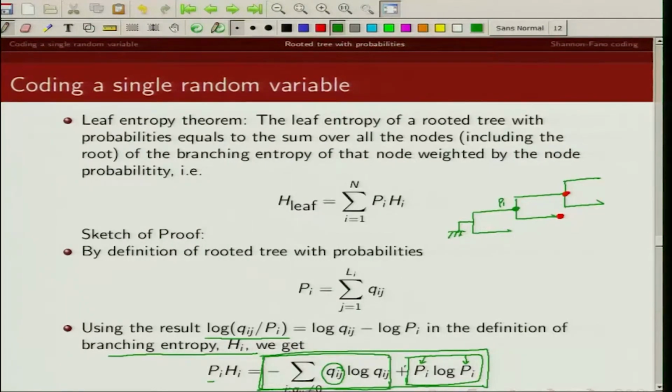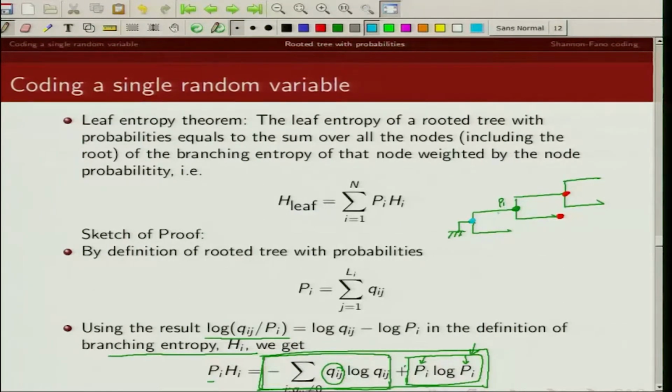Because if you consider a non-root node, let's say you consider this node, this is a non-root node, right? So if I do this summation Pi Hi at this particular node, the contribution of this Pi would be this positive here. However, for this particular root node, this is another node at depth 1.